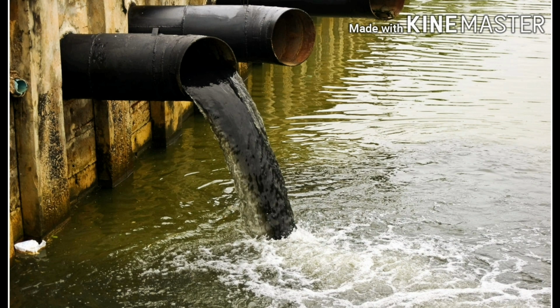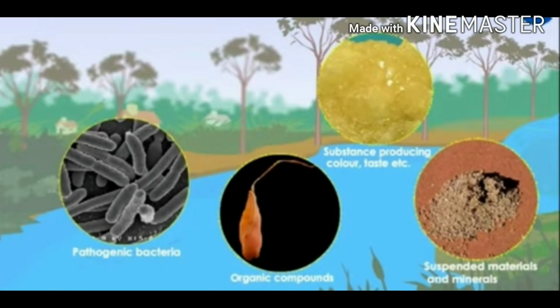But this nature of water has become harmful also. It can dissolve other impurities. As you can see in the picture, harmful substances also get dissolved. So it is very important that the water which we drink should be purified.